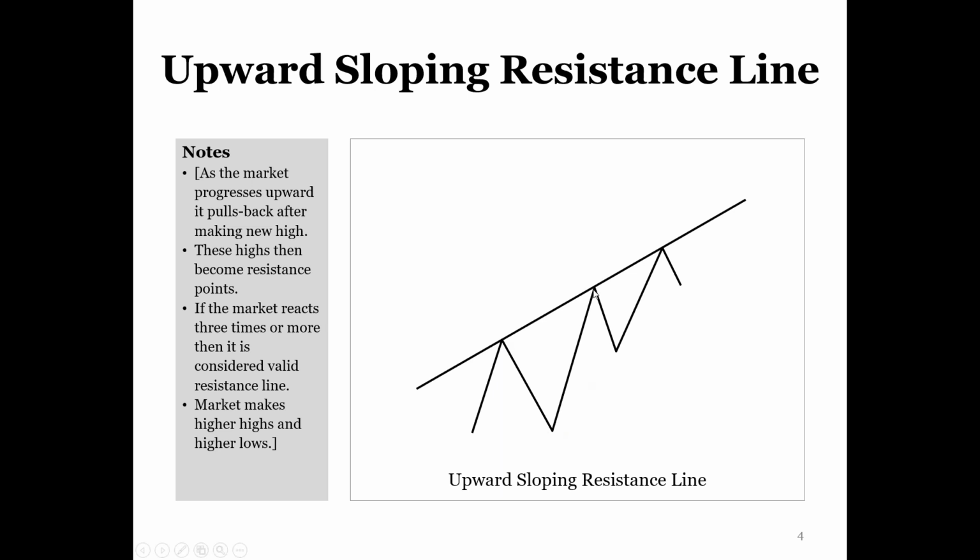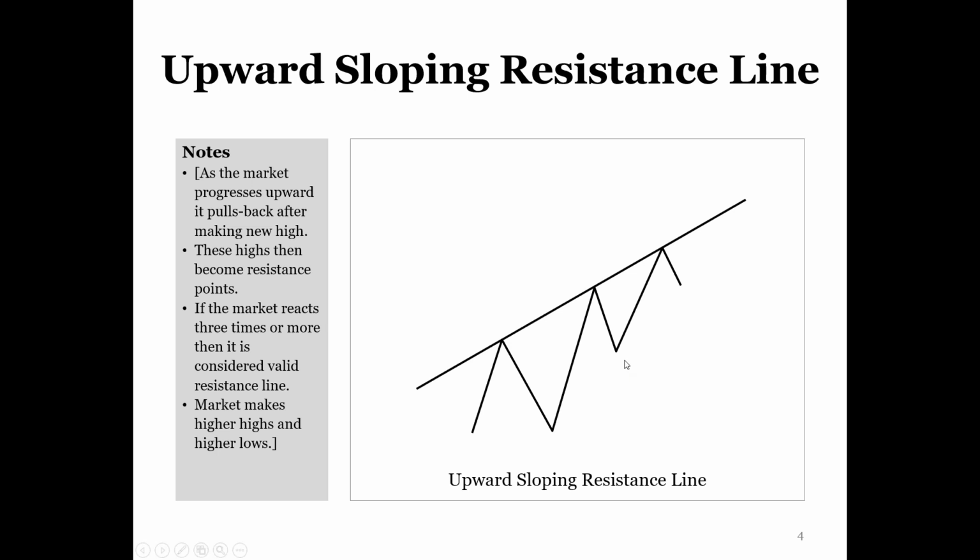And then it bounced back up. When it bounced up and made a new high and pulled back, you can connect two dots, these two price points, and establish a trend line. Now you need a third touch to make a valid trend line. So this is your initial trend line, but it's a resistance line because the market is touching and bouncing back down.